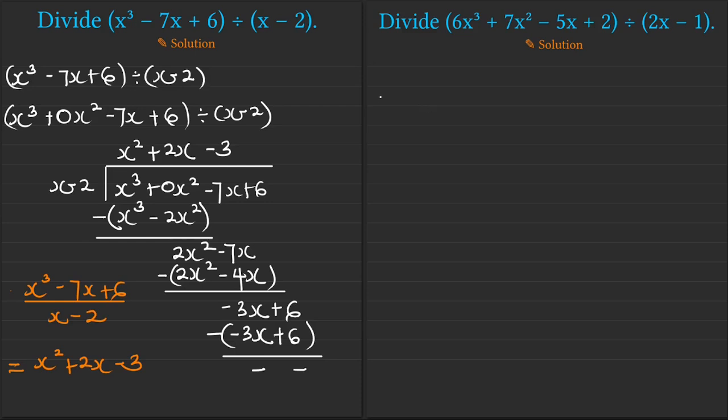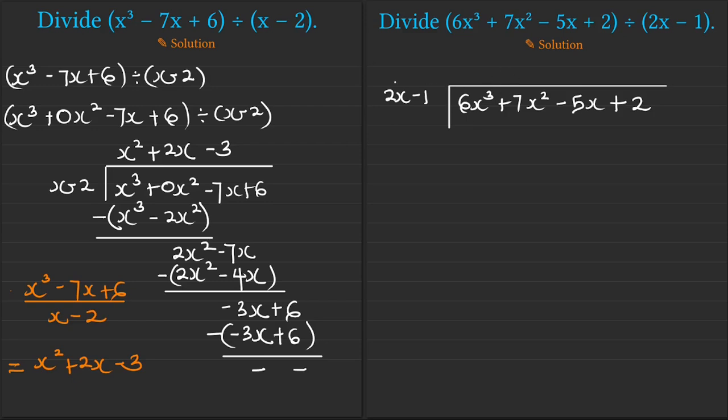We can go straight forward and put our 2x minus 1 right here, and then our division sign is going to be here. Then we have what we have inside here, which is 6x cubed plus 7x squared minus 5x plus 2. So we do our division one after the other, just as we have done.